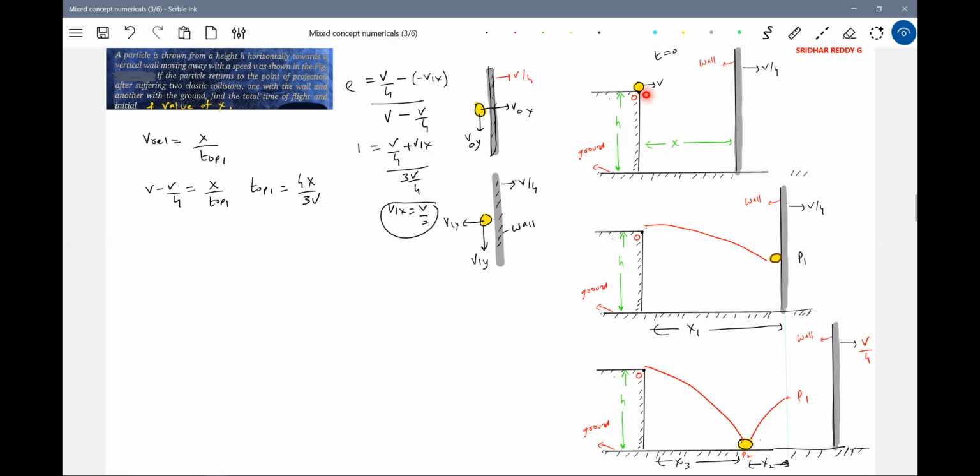X is the distance moved relative to the wall. X1 is the distance moved by the ball with respect to the ground to collide with the wall. So what is x1? We can write it. X1 is equal to just v into TOP1, which is 4x by 3v.